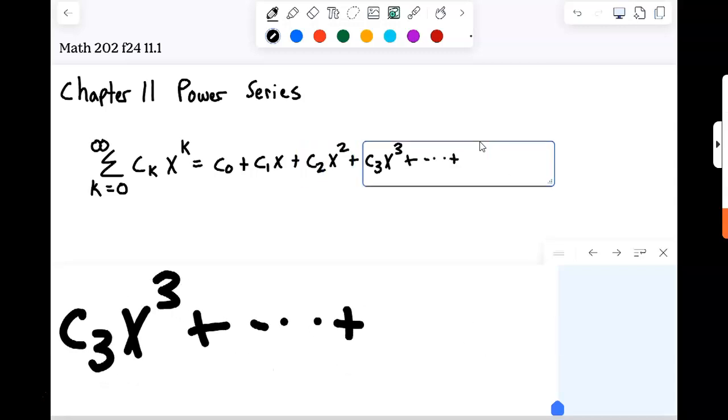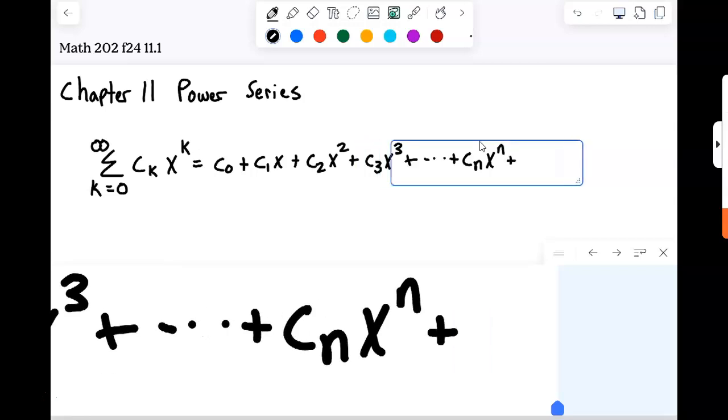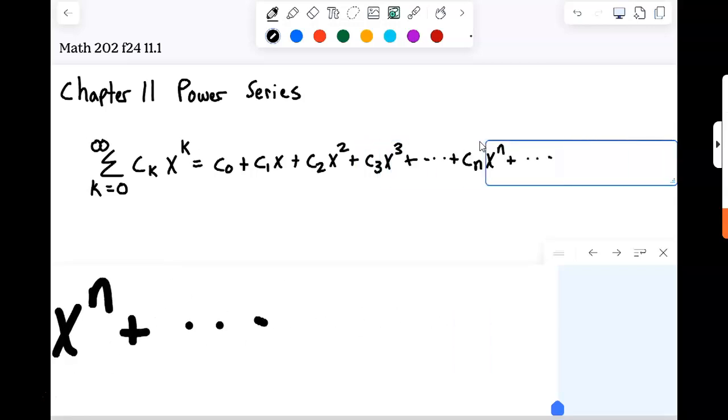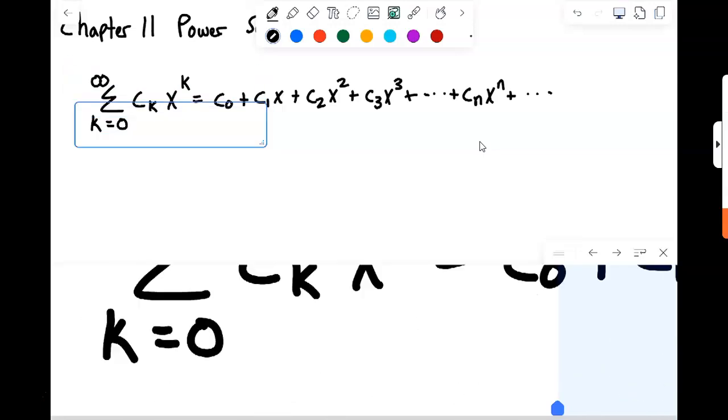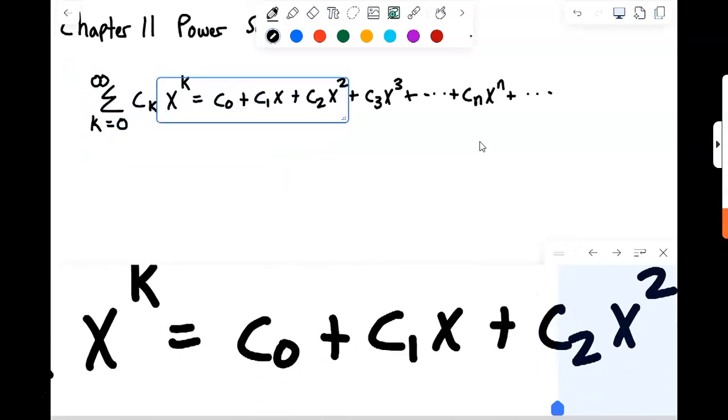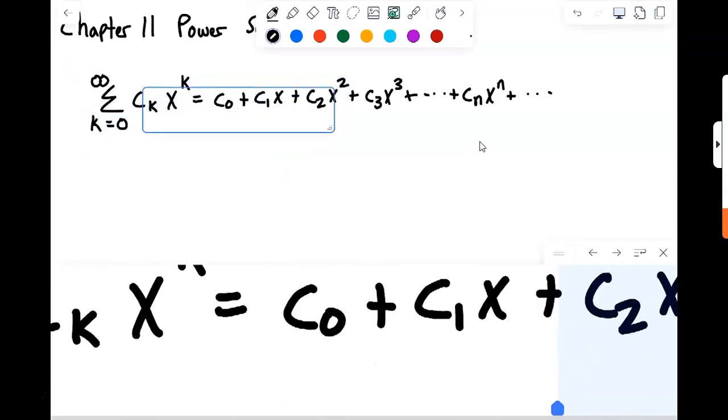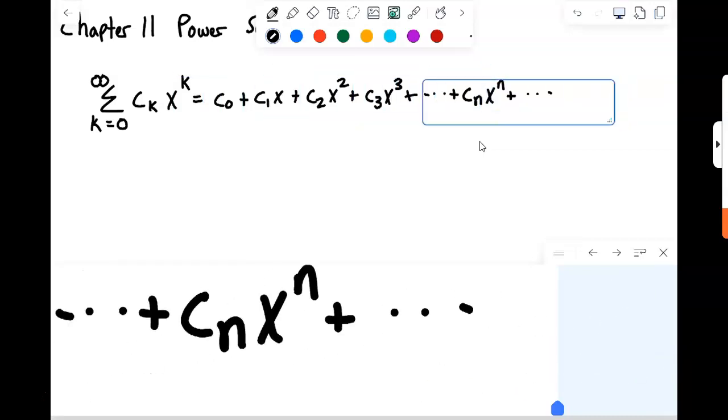Eventually you'd have cnx to the n, and this would keep going on forever. In other words, we have this infinite polynomial.